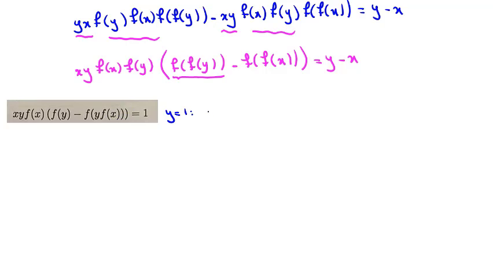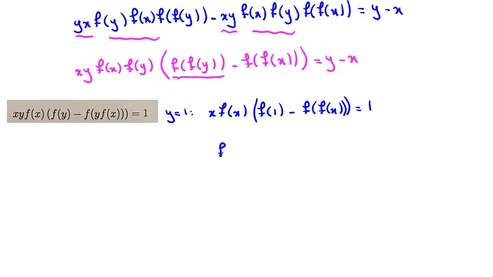So it will be what? x f of x times f of 1 minus f of x equal to 1, and that's so good. Why? Let me draw this also. So good. Why? Because we can find f of x with only f of x and f of 1.